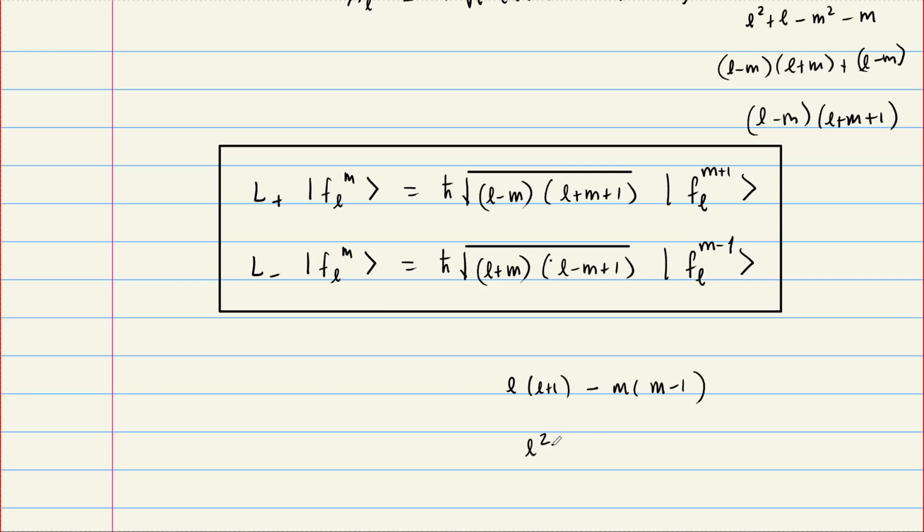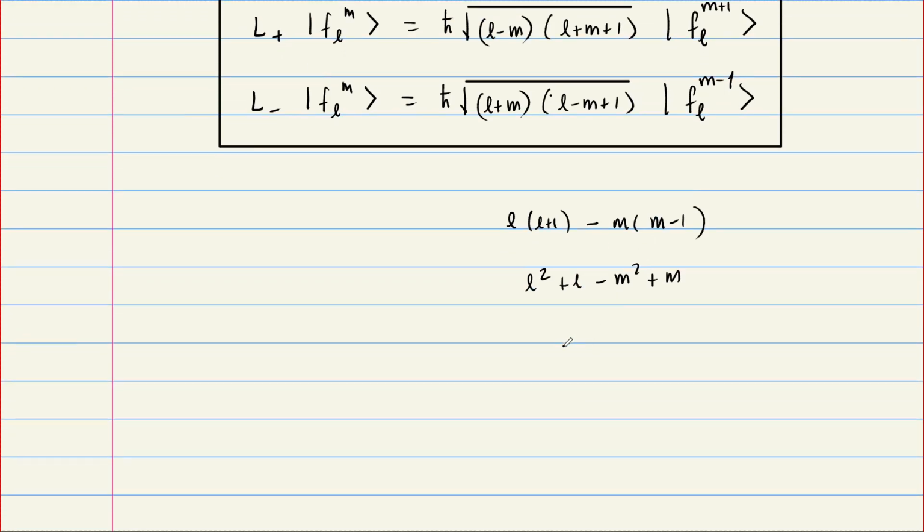So this is going to be L squared plus L minus M squared plus M. And this is going to be L minus M, L plus M, plus L plus M. And this is L plus M parenthesis L minus M plus 1. So this is L plus 1, L minus 1. Okay, this is correct.